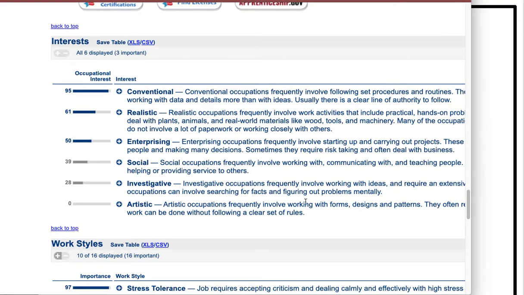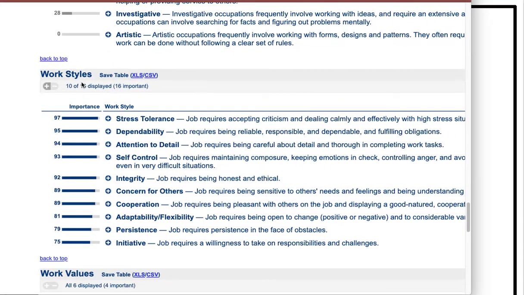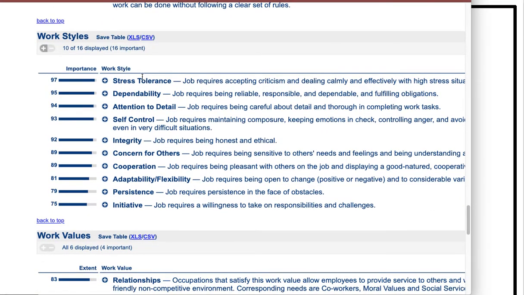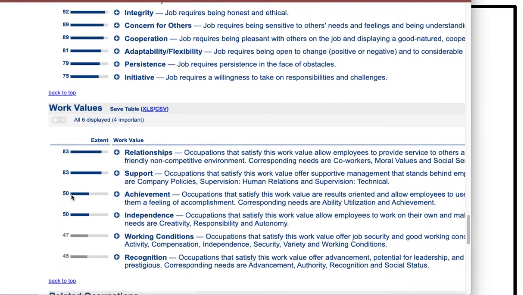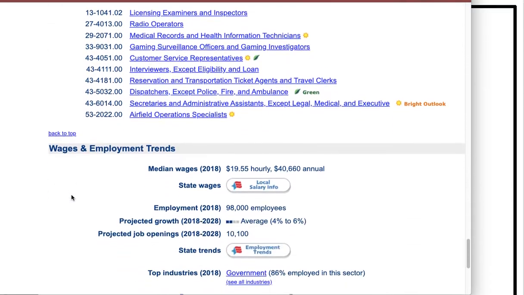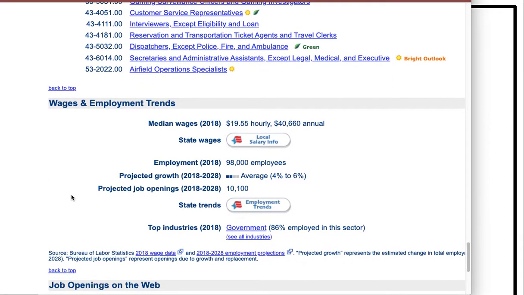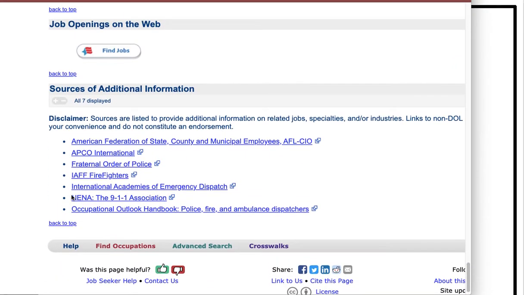Interests, these are those Holland codes we did, so it shows you how much it's related to those different Holland codes. Work styles, things that you need to have in order to do this. Work values, related occupations. Okay.